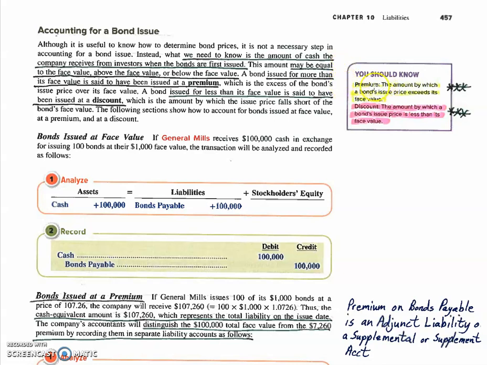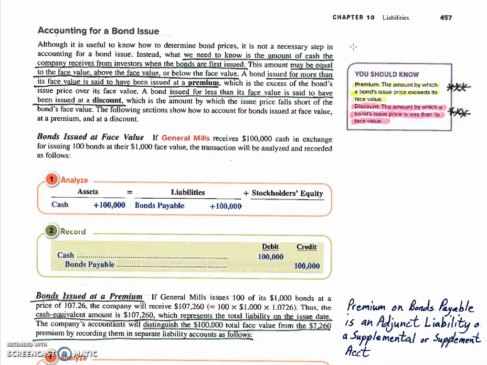A premium is the amount by which the bond issue price exceeds its face value. So if its face value is $1,000 and it sells for $1,050, then the premium is $50, the amount of the sales price that exceeds the face amount.